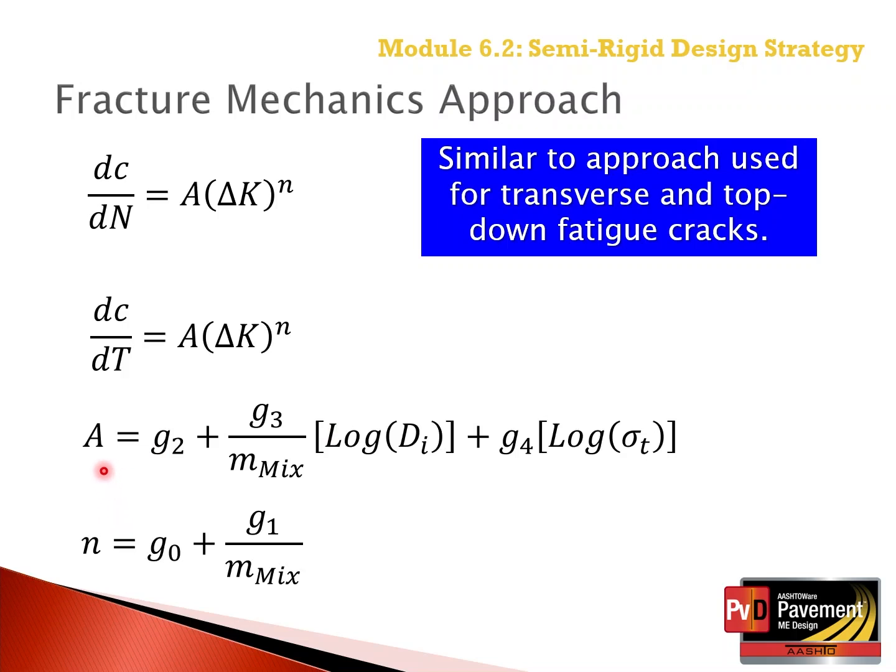The two fracture parameters, A and N, are defined here. The G0, G1, G2, G3, and G4 are simply parameters of the power law, and M sub mix, as well as sigma sub T, are from the asphalt mixture itself.